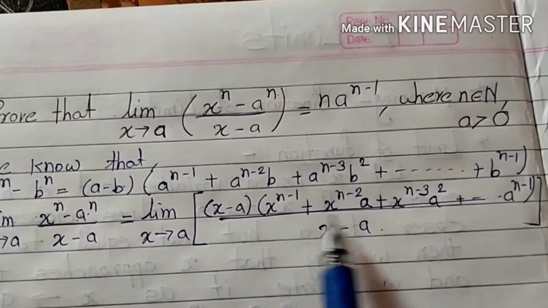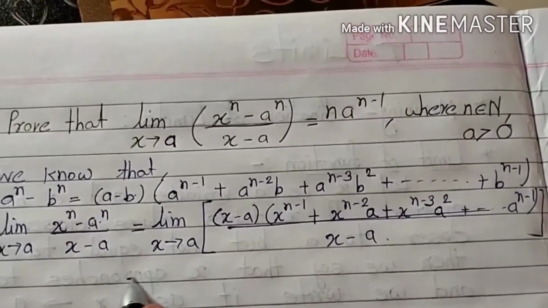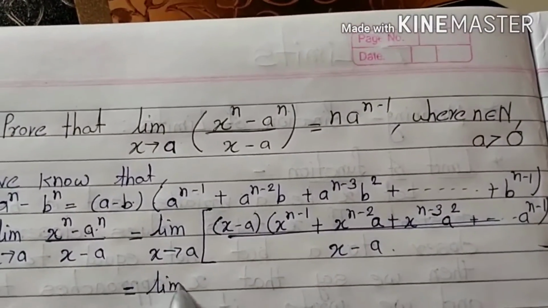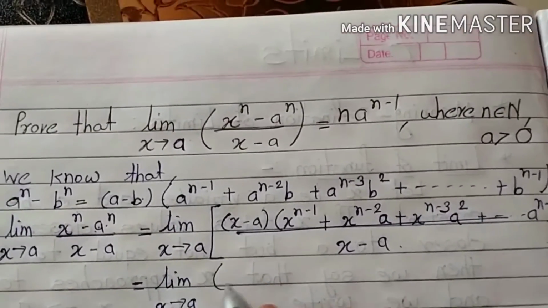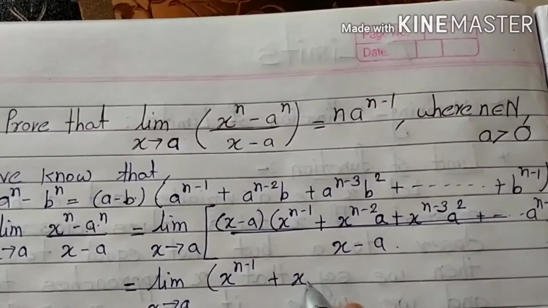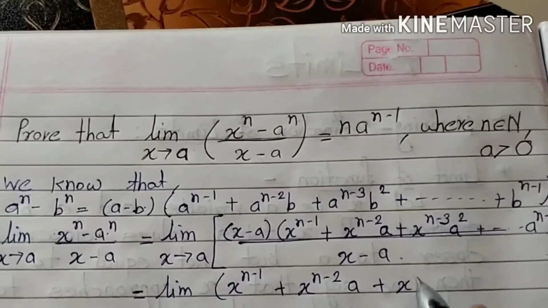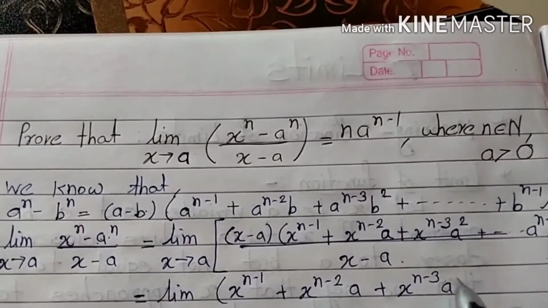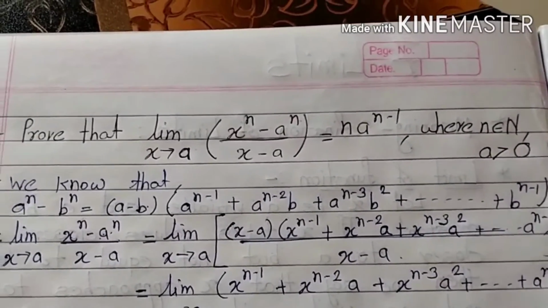Now this x minus a is not equal to 0, so we cancel it and we get limit x tends to a, x raised to n minus 1 plus x raised to n minus 2 a plus x raised to n minus 3 a square plus a raised to n minus 1.